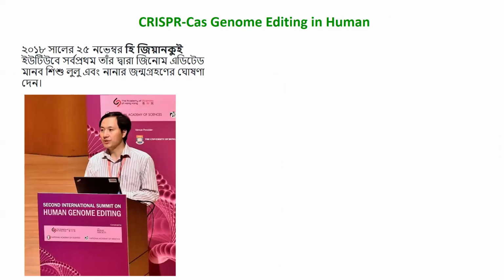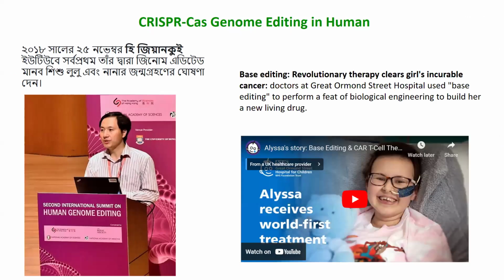If you browse on the net, you can find how sickle cell disease anemia is being cured by CRISPR-Cas technology. CRISPR-Cas genome editing was also used in humans, especially on 25th November 2018. He Jiankui first declared at a Hong Kong meeting that he edited the human germline, that is, embryo.